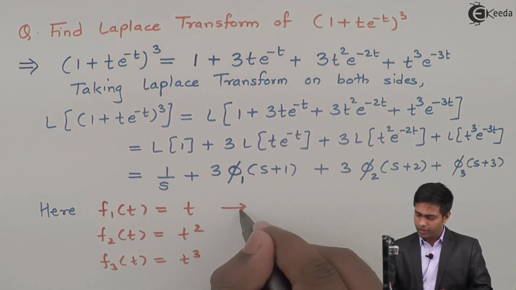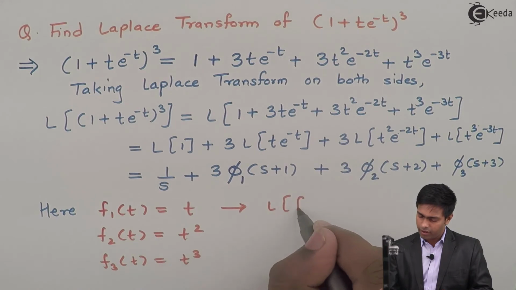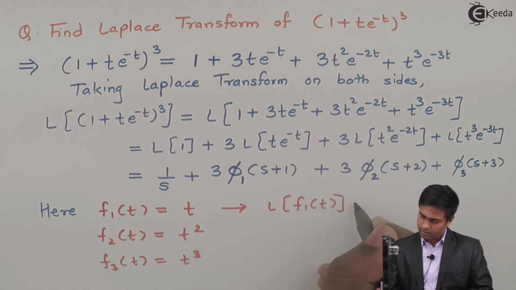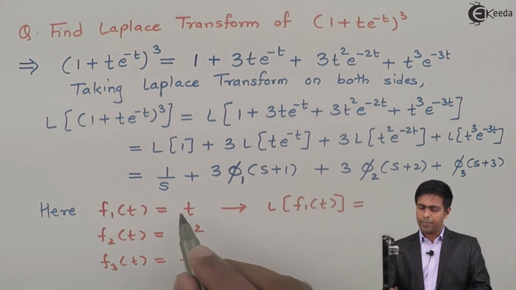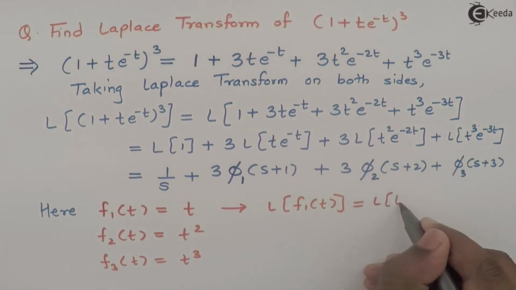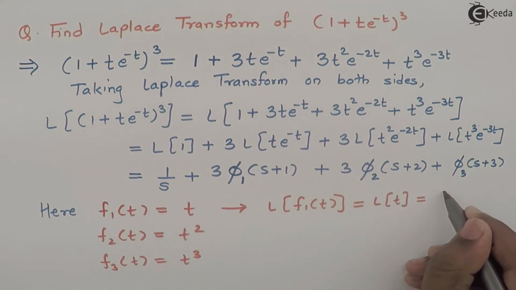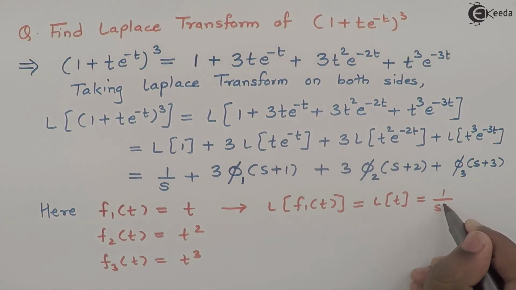So from here we can get Laplace of f1 of t, that is Laplace of t, and we know that it is 1 upon s square.